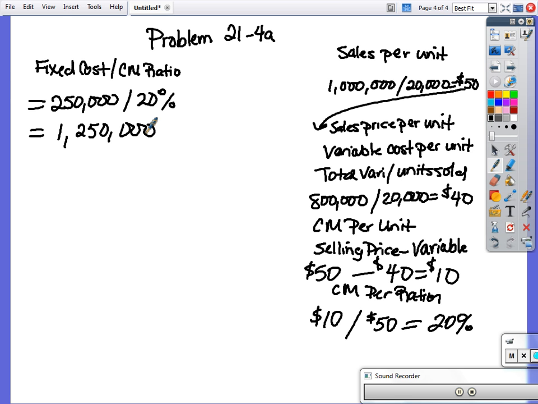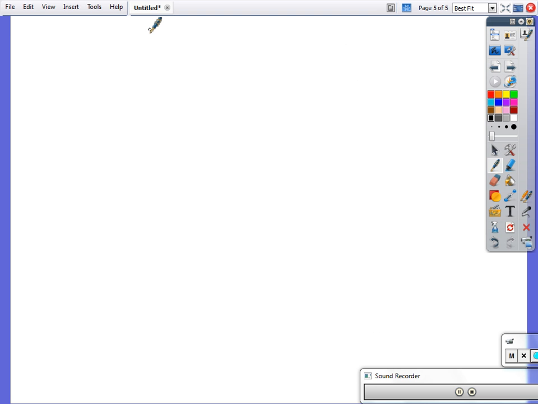How are we going to compute the predicted fixed cost? This is part 1.